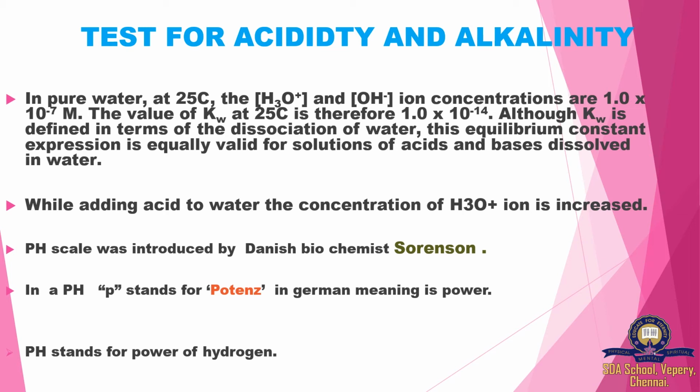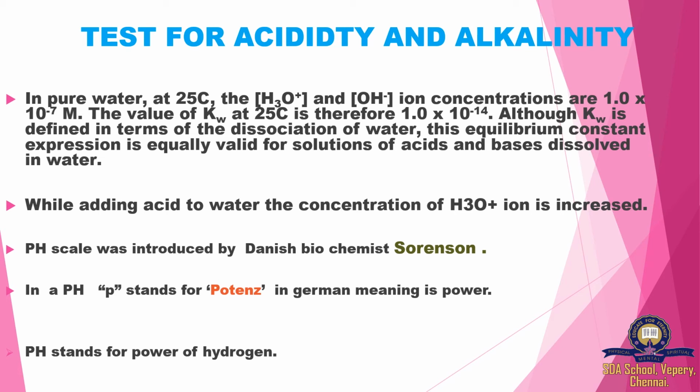All acids and bases can easily dissolve in water. When dissolving, they split into ions. When the ions come out, only then can we find out the acidity or basicity of the solution. While adding acid to water, the concentration of hydronium ion increases. Here we have the pH scale.